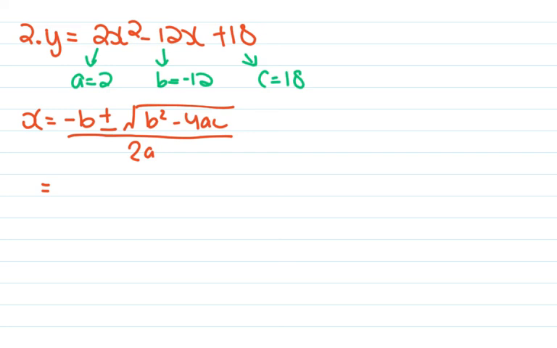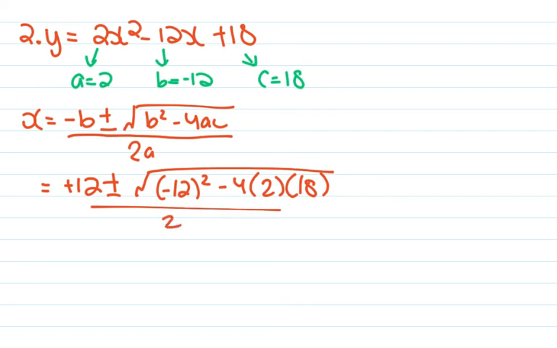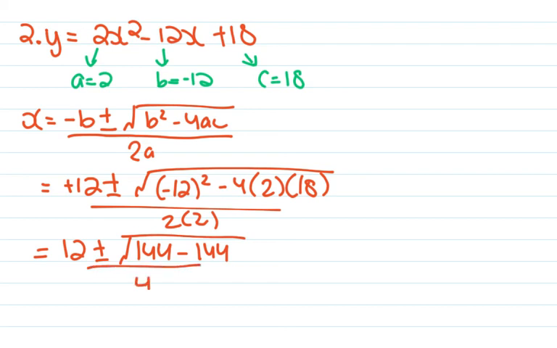B is negative 12, so negative b would be positive 12 plus or minus the square root of b squared, so negative 12 squared minus 4 times a is 2 and c is 18, divided by 2 times 2 equals 12 plus or minus the square root of 144. 4 times 2 is 8 times 18 is 144, divided by 4 equals 12 plus or minus the square root of 144 minus 144 is 0, divided by 4.